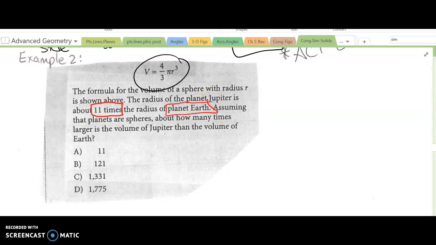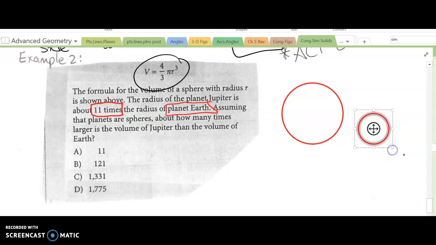Okay, so just to give us some perspective here, here's Jupiter, here's Earth, and we could say if it's 11 times, basically if Earth is 1, then Jupiter's radius would be 11.